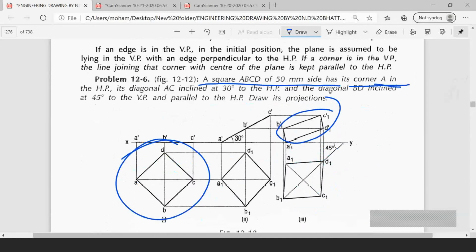From the soft copy, just go through it. Page number 262, problem number 12.6.